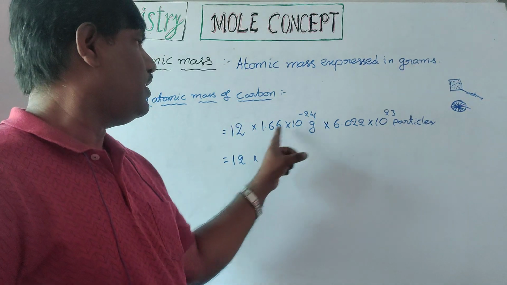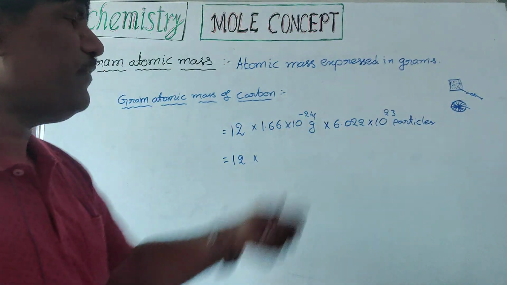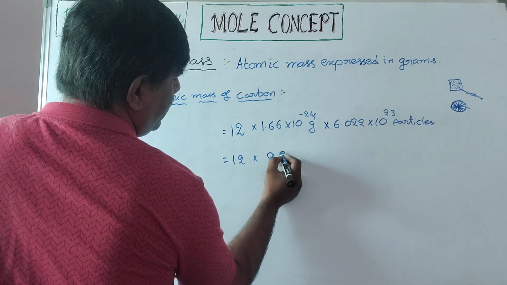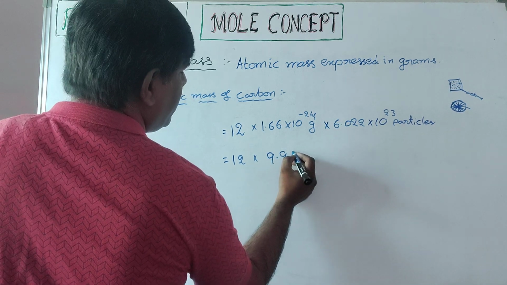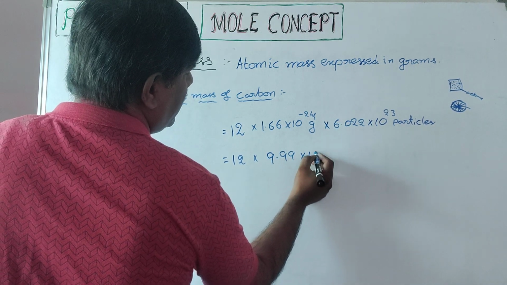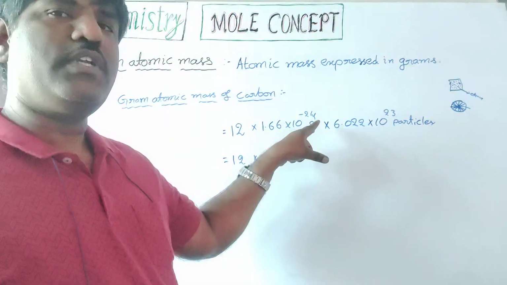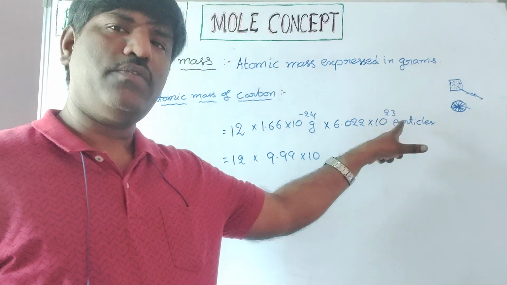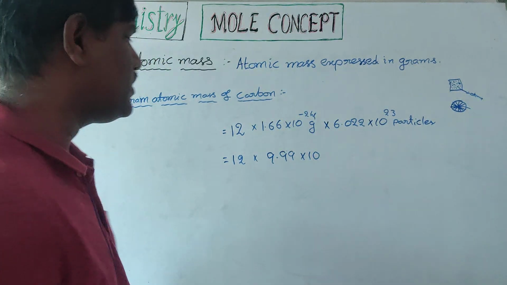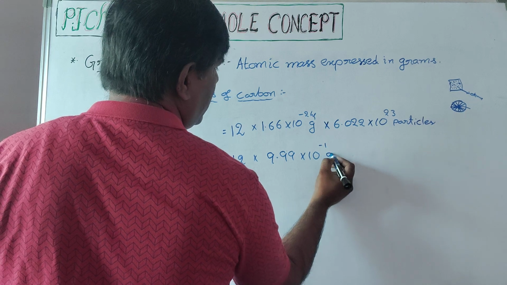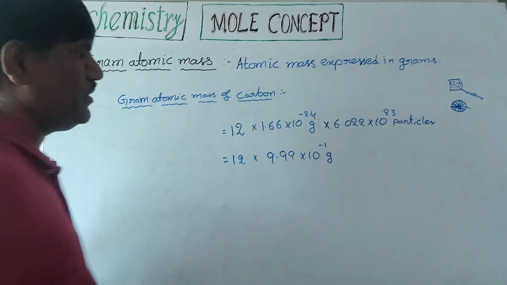So if you multiply completely, you will get 9.99 into 10 to the power of minus 24 plus 23, so subtract, you will get 10 to the power of minus 1 grams.